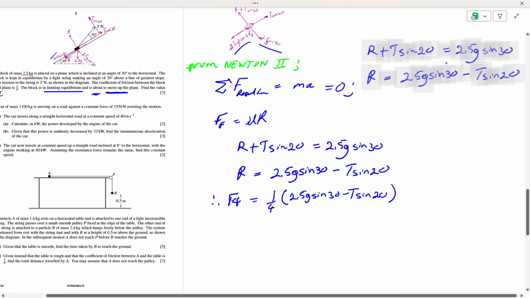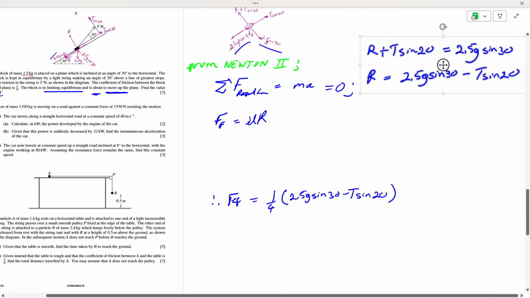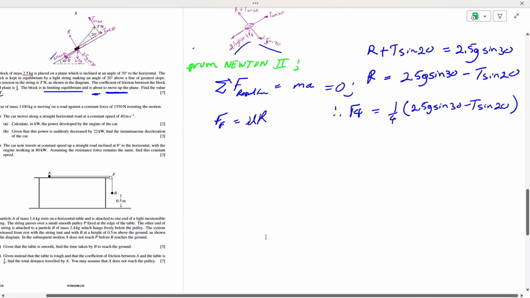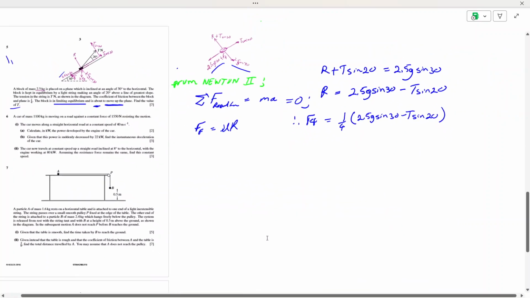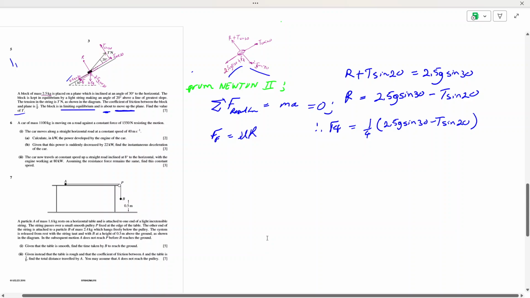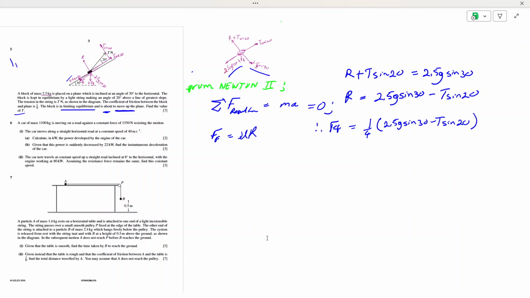Then the next thing that I'll do is to use Newton's second law now. Newton's second law of motion. So forces acting up the plane and forces acting down the plane are equal, right? They give me a resultant acceleration of 0.